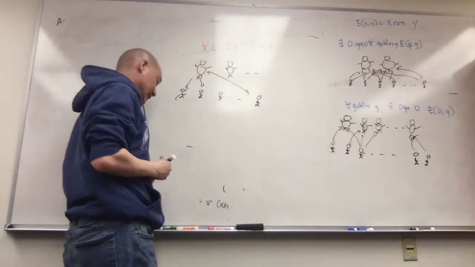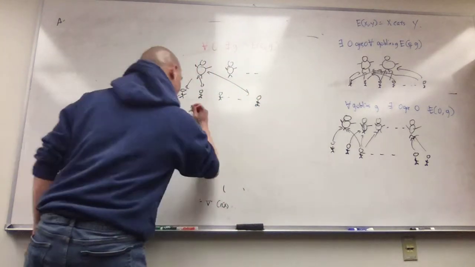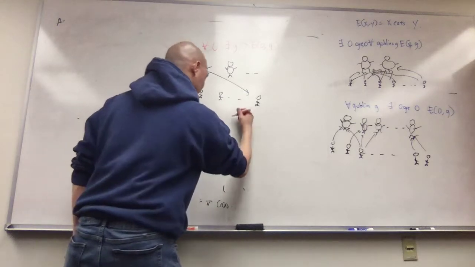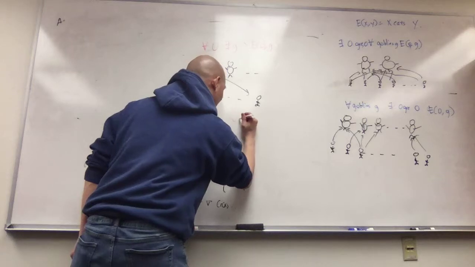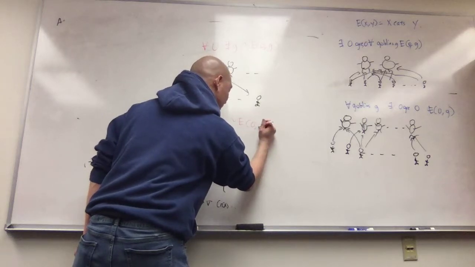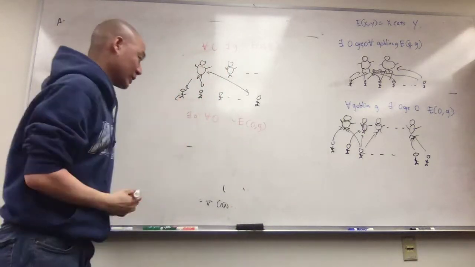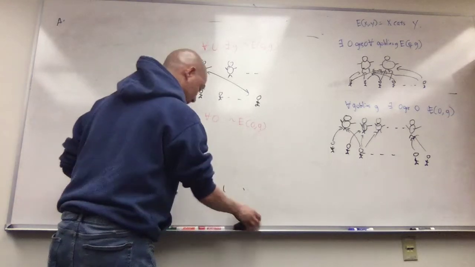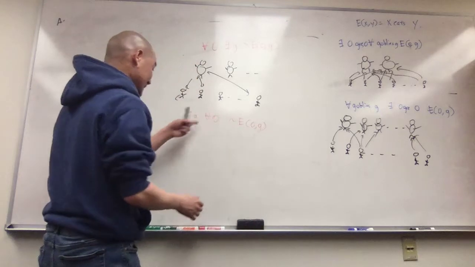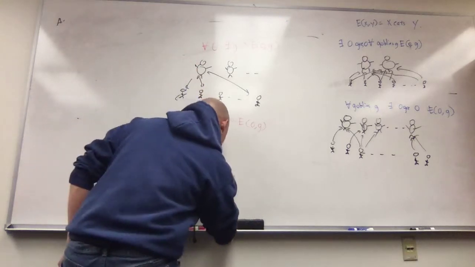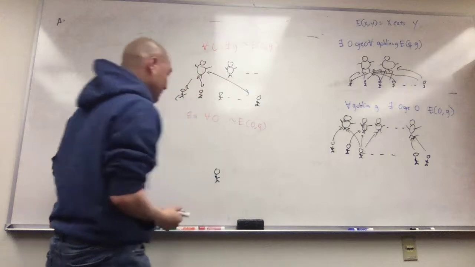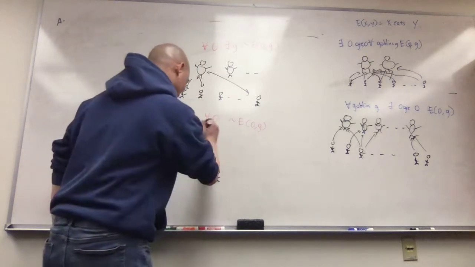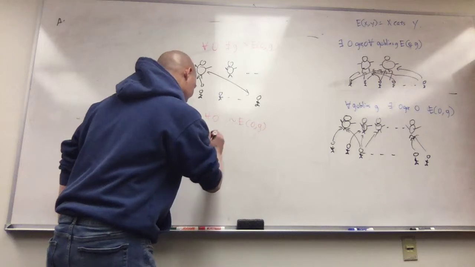Whereas this negation is there exists a goblin such that for all ogres, the ogre doesn't eat the goblin. So all that means is that there exists at least one special goblin that for all the ogres, those ogres don't eat that goblin. So we have all our ogres here.